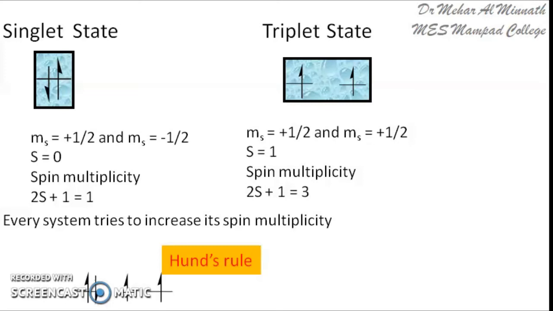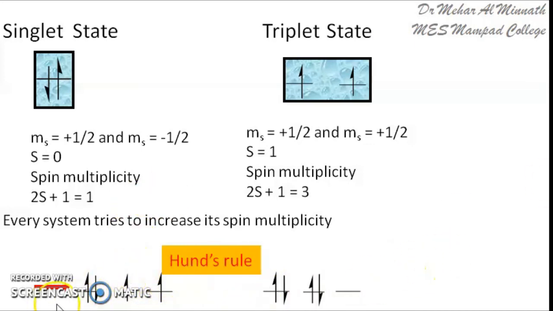So if we have 4 electrons in the p orbital, the electrons will be filled in this manner. First all the 3 orbitals will be filled, and then the 4th electron gets paired to the first one, and not like this. So this is the actual way in which the electrons will be filled.